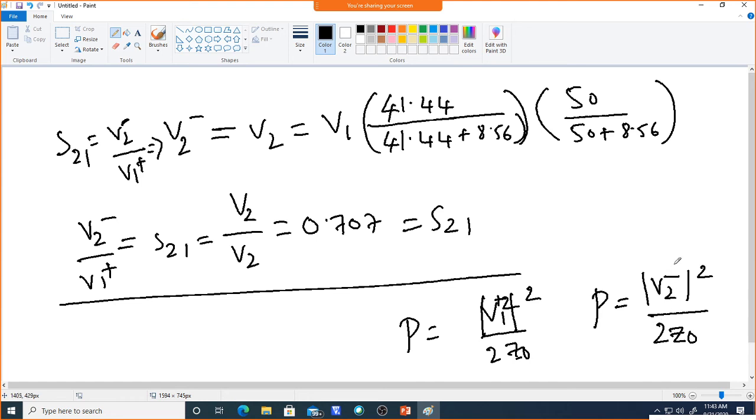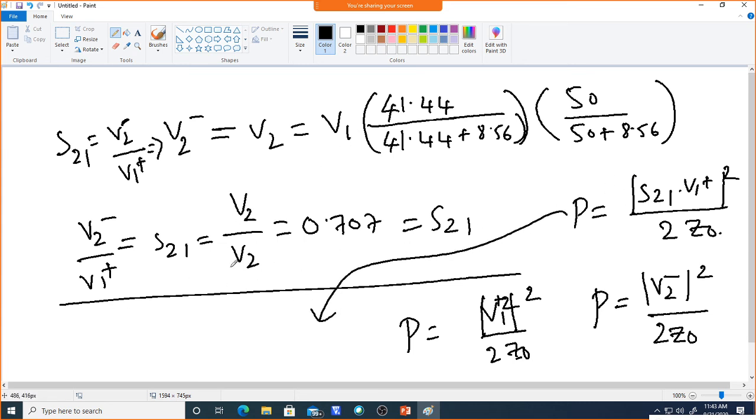Now this V2 squared, in terms of the S matrix, you can take as S21 into the magnitude of V1 plus squared divided by 2Z0. Again you can write the power value as S21 squared into V1 plus squared by 2Z0.